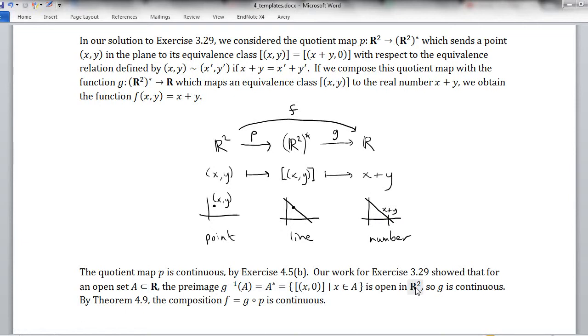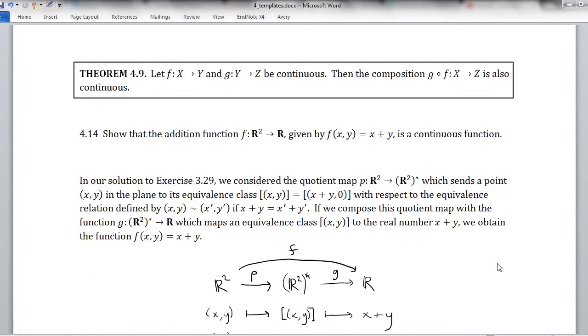And that's what it means for g to be continuous. So there we have it. P and g are both continuous, so f is as well by theorem 4.9 up here.